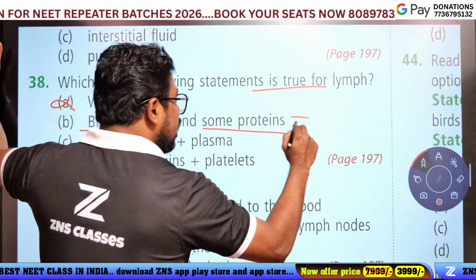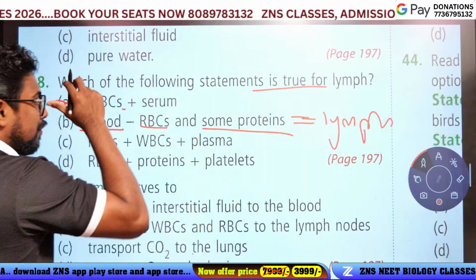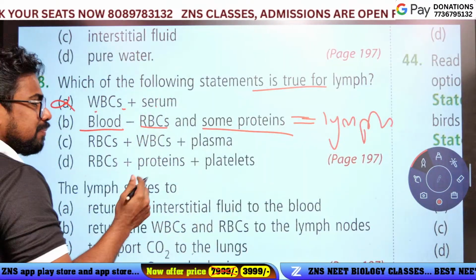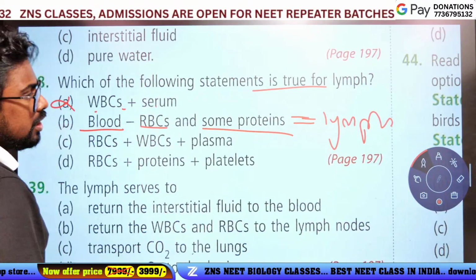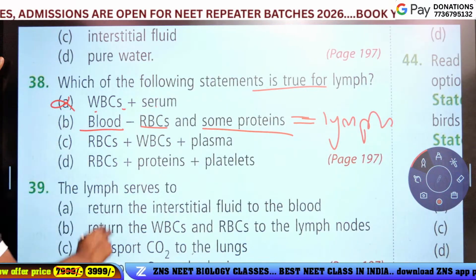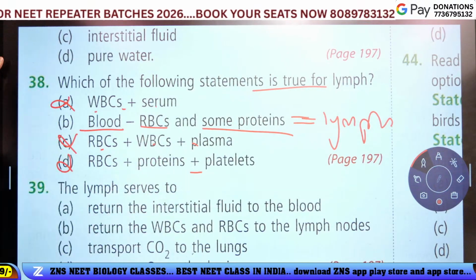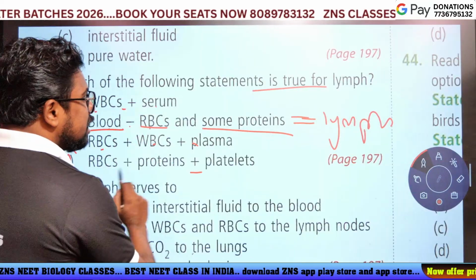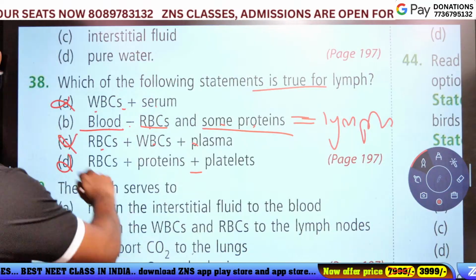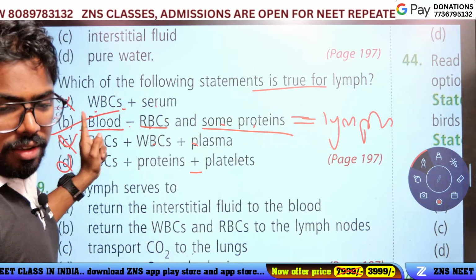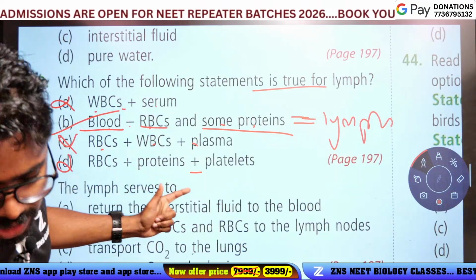The lymph contains blood, but RBCs and some proteins are absent. RBC, WBC, no. RBC and protein, no. The answer is blood minus RBC and some protein, which gives the lymph. Option B is the answer. Please note it in your NCERT textbook.